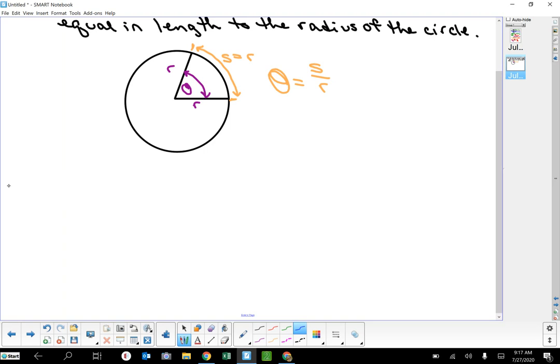To convert degrees to radians, I had the wrong words in my notes.